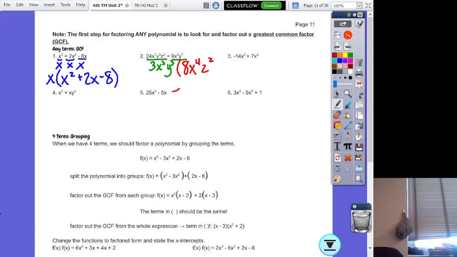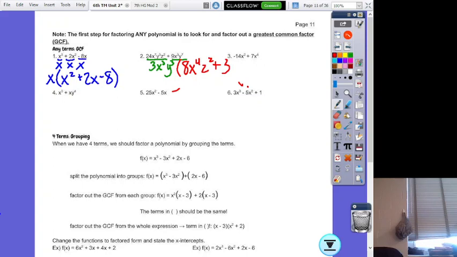The plus sign's there, plus, and then you do that again with the 9x to the third, y to the seventh. Michael, what's left over in that one? So 9 divided by 3. 3.